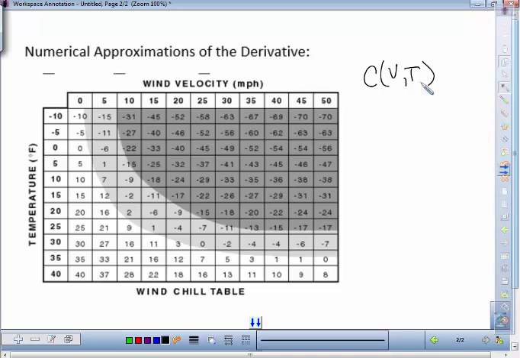So I think I put the velocity first. So let's try to figure out the meaning of the derivative first, and then let's try to see if we can get a good estimate for that. So let's say we're interested in looking at C sub t.